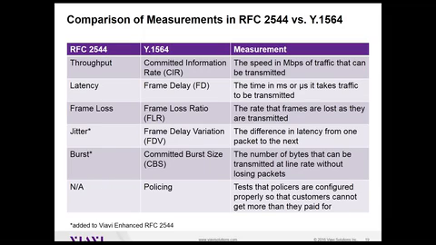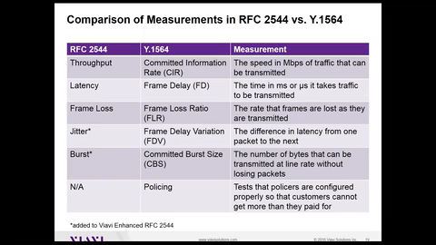When the test is running and frames are being dropped and they're being measured, that's called frame loss in RFC 2544. In 1564, the frame loss ratio. So that's the number of frames that were transmitted versus the number of frames that were dropped, or vice versa.